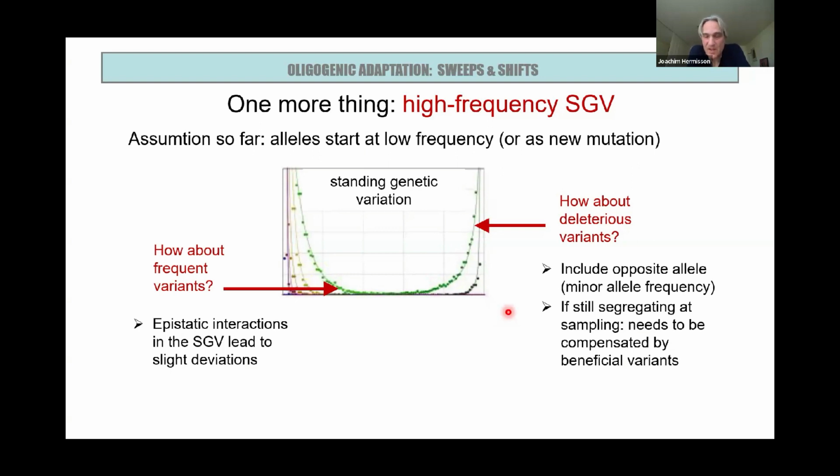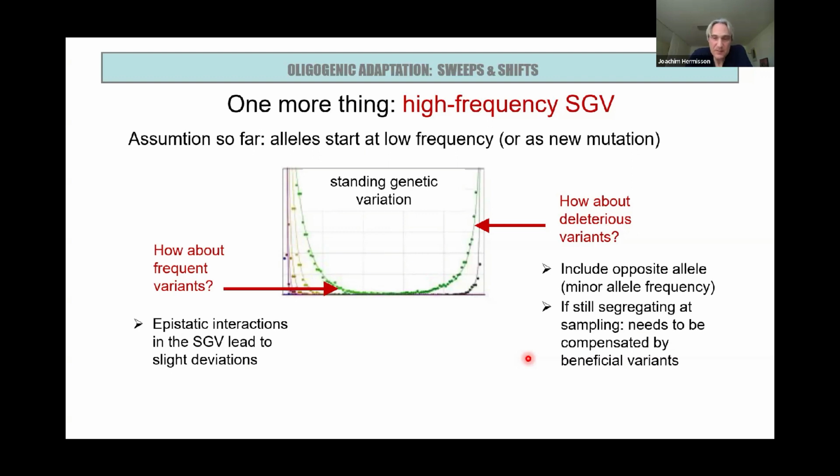Well, the obvious idea is that maybe we can include them by looking at the opposite allele, always the minor allele frequency, at all these loci. And indeed, this can be done. So we can do the theory here for minor allele frequencies, but need to do it separately on both sides, here and there.